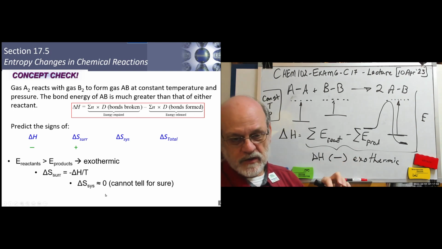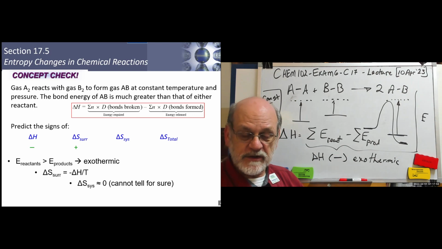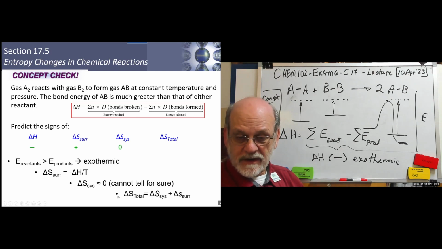But we don't know that for sure. We're speculating that the change in the entropy for the system is near zero. So then if we add them together, that still makes the total entropy greater than zero.